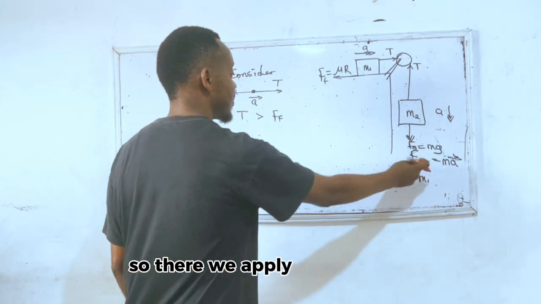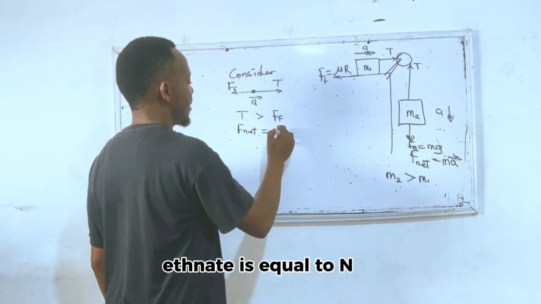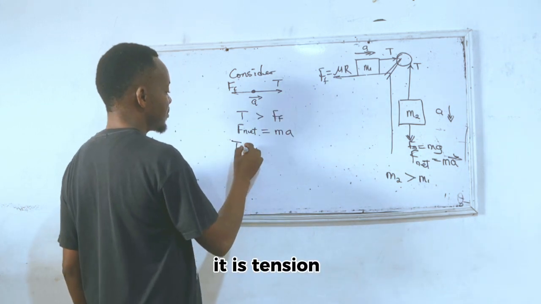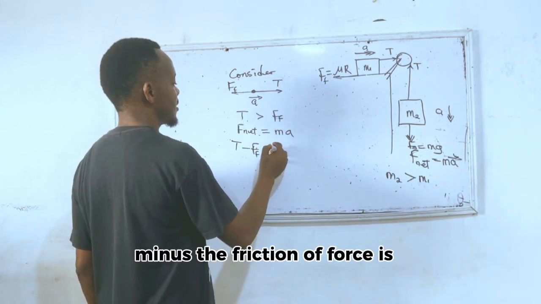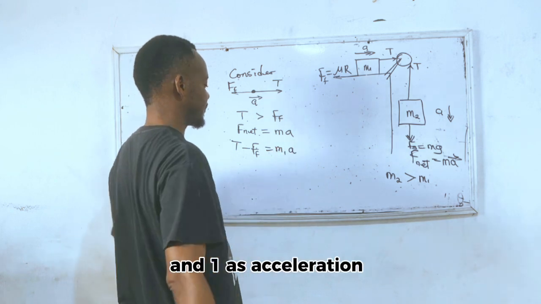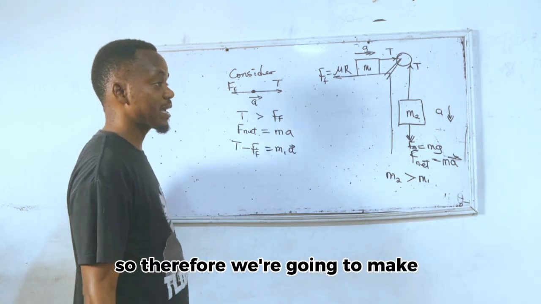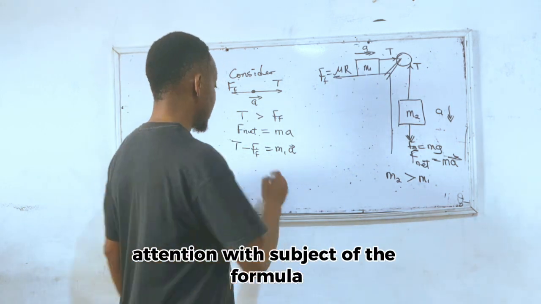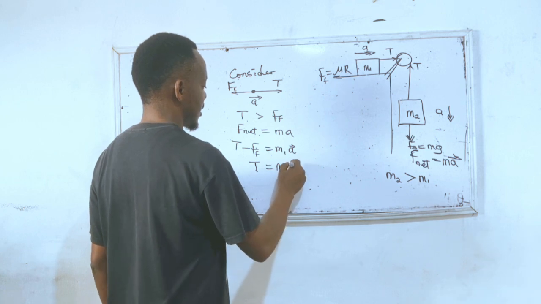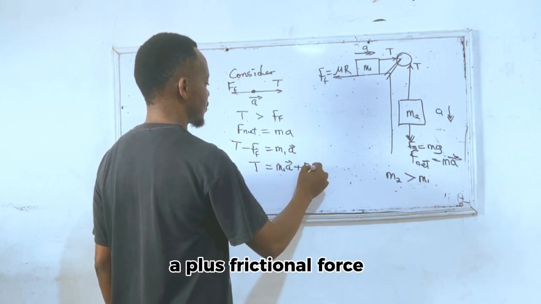So then we apply our F net. F net is equal to ma. What's the net force here? It is tension minus the frictional force is equal to m1 times acceleration. So therefore, we're going to make tension the subject of the formula. Tension is equal to m1a plus our frictional force.